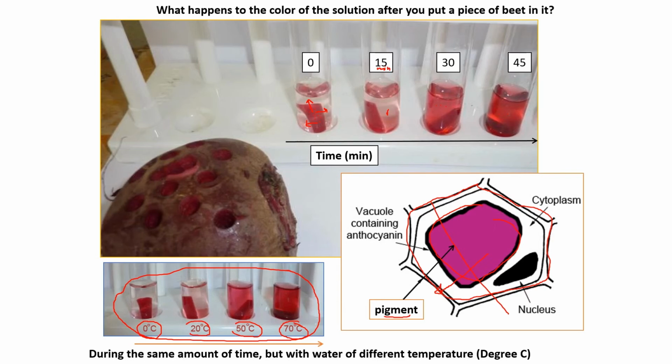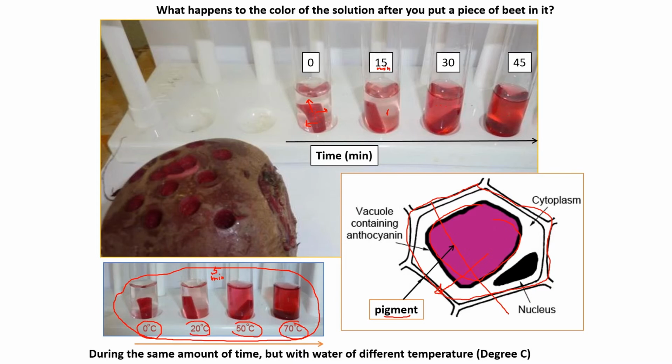We put the same amount of water and the same piece of bead, but with different water temperatures. After 5 minutes, what will we see? In these different temperatures, we will see a different speed of diffusion.